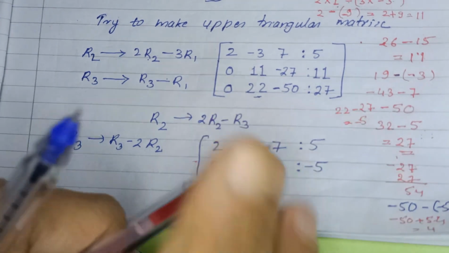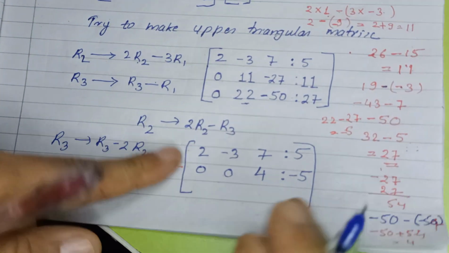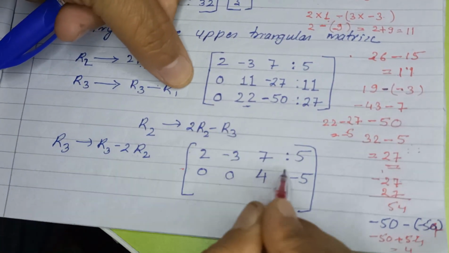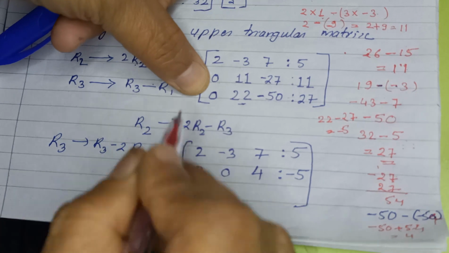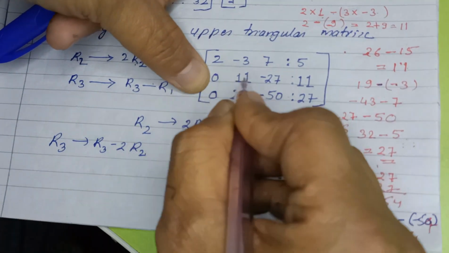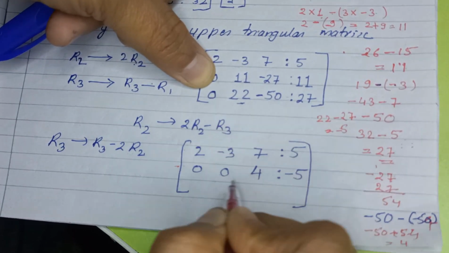Now I don't need to go further, so I do it here as rough work. I just subtract R3, this row, with R2. I multiply this with 2 and then subtract from this, so that I get this row.